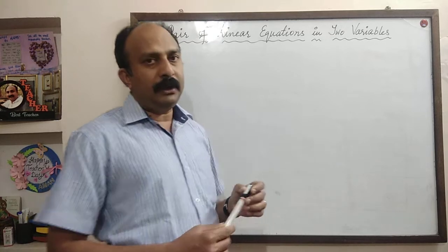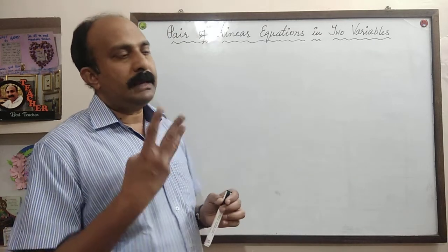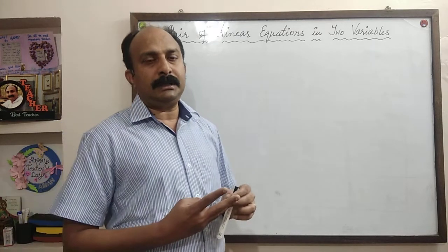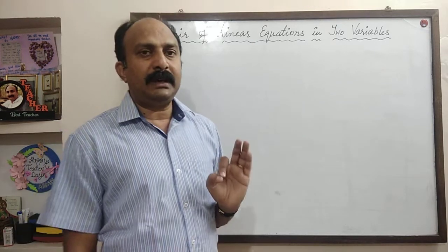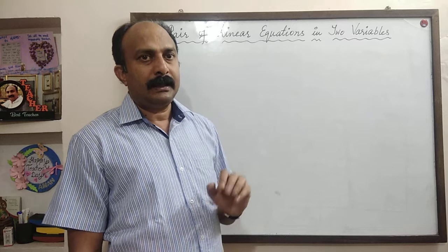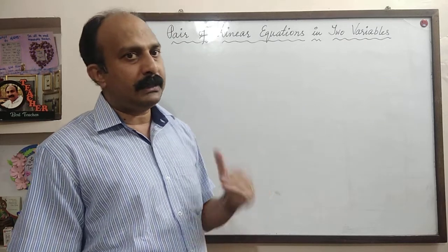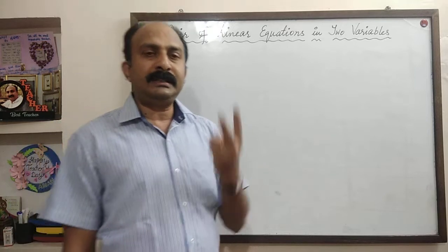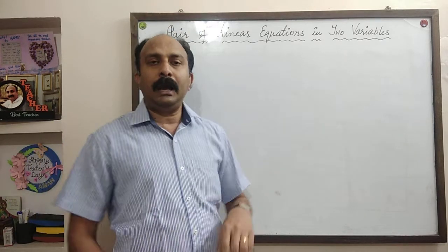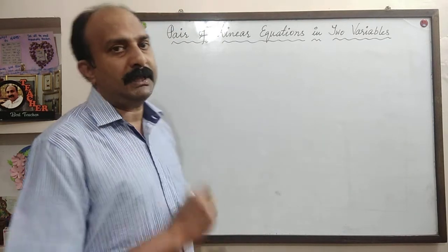In my previous video I told you that there are three different algebraic methods to solve a pair of linear equations, and the first method was substitution method. We have studied substitution method in the previous class. Today I am going to teach you the second algebraic method, and that is called elimination method.